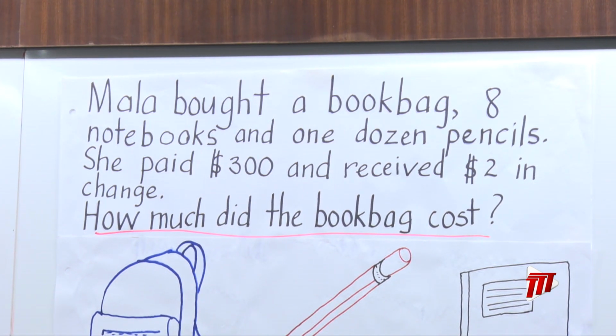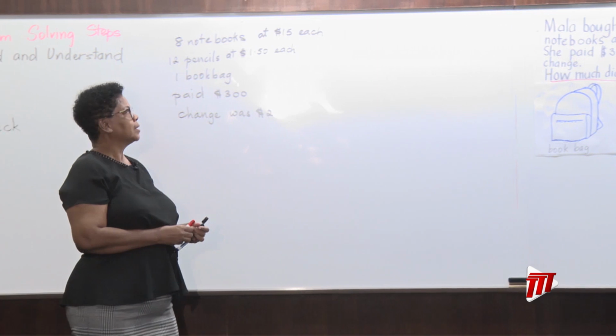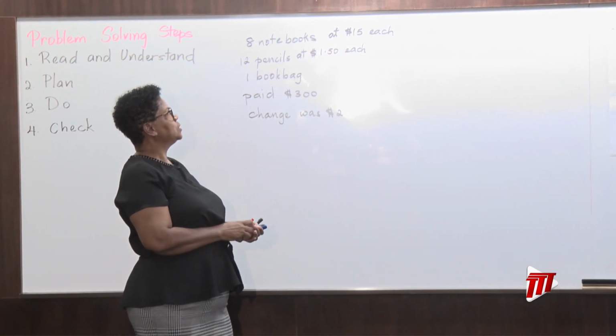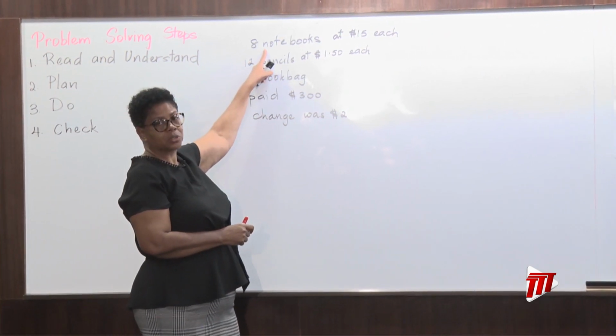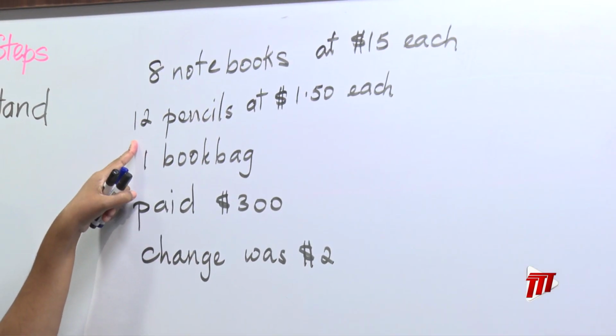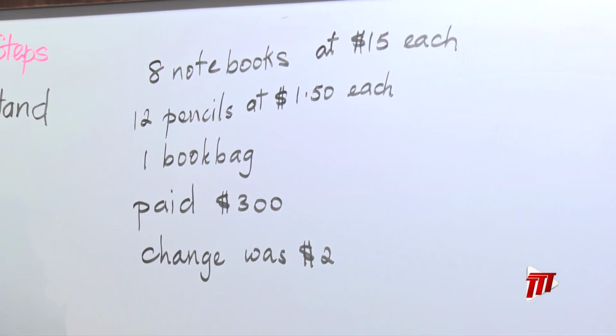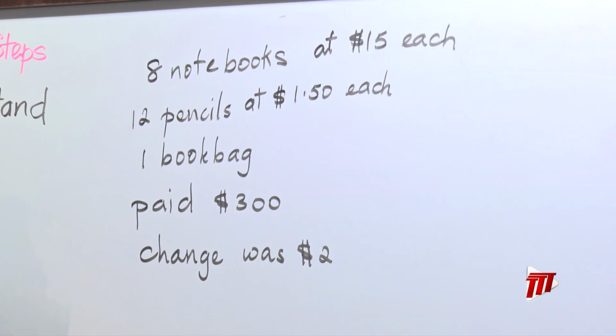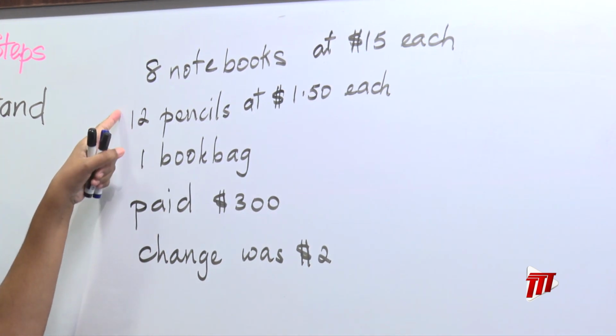Our first step is to work out the cost of the notebooks. In the next step, we're going to find out the cost of the pencils. We'll begin with these 2 steps.